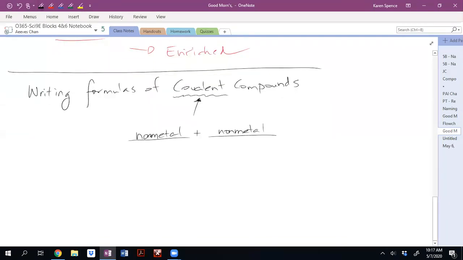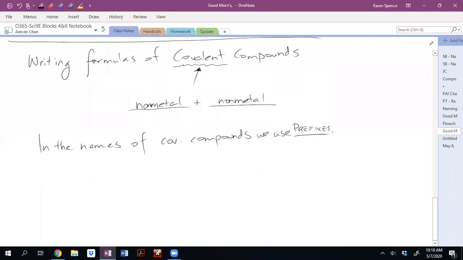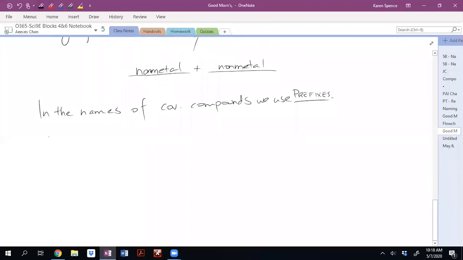And when we were naming covalent compounds, what did we use in the names? Prefixes, yes. And if you have already memorized your prefixes, that is awesome. If you haven't memorized your prefixes, make yourself some flashcards on those prefixes.